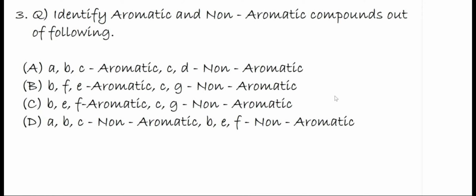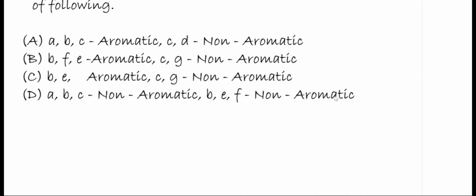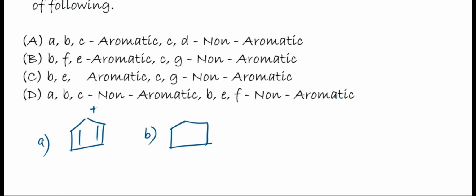Identify aromatic and non-aromatic compounds out of the following. So what are the compounds given there? I'm giving you side by side, and you can tell me which are aromatic, anti-aromatic, non-aromatic, everything. The first compound is this. Let's say this is A. B, which is with the negative charge.